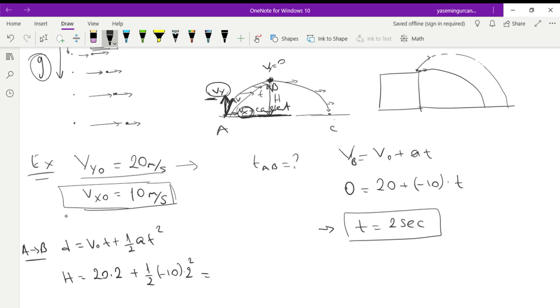So if you do that, you're going to come up with 20 meter, because 40 minus 20 is 20 meter. So this height here is basically 20 meter.